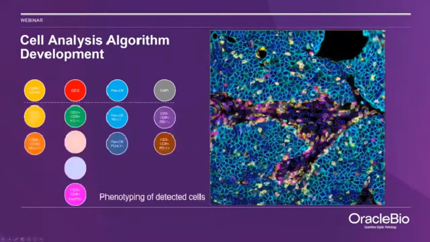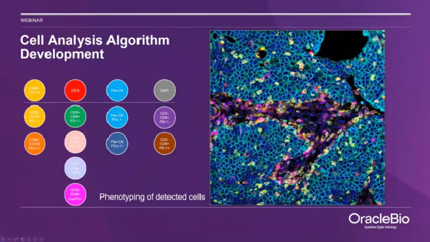Similarly, for the CD3 cells, we can detect a CD8 present in the CD3 cells. This was actually in the FITC channel. And you can see some examples of CD3, CD8s in green, and they can either be PD-1 negative or PD-1 positive. And then likewise, the CD3, CD4 cells can either be FOXP3 negative or FOXP3 positive.